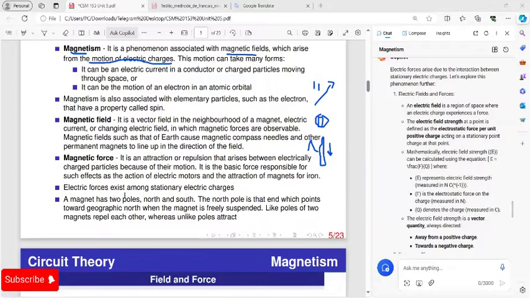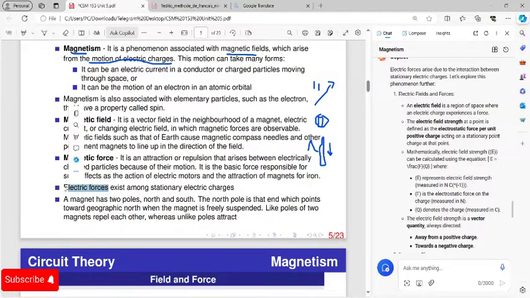Electric forces exist among stationary electric charges. Take notice of this: he's saying electric forces, not magnetic forces. Magnetic forces do not exist among stationary electric charges, but electric forces are possible.